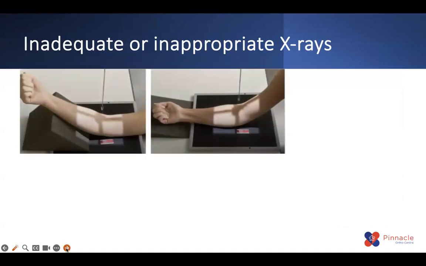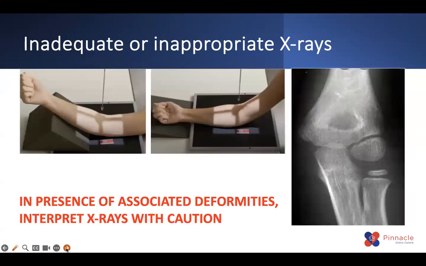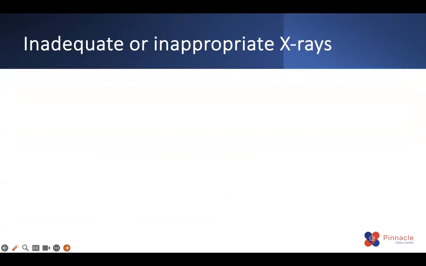Therefore, in such situation, you need to obtain two separate X-rays, one for visualizing the distal humerus and the other for visualizing the proximal radius ulna. And when this X-ray is done, it is clear that there is no fracture. Therefore, in the presence of associated deformities, always interpret your X-rays with caution, and you may need to do additional special views.